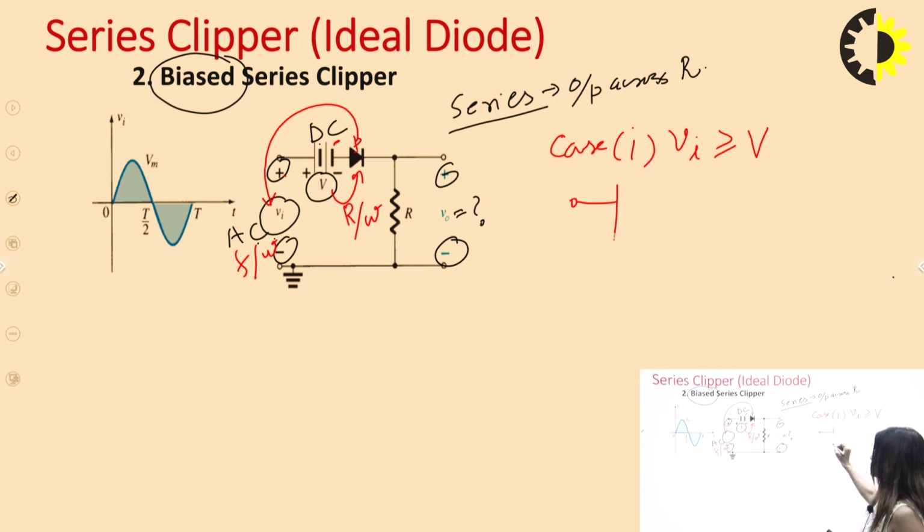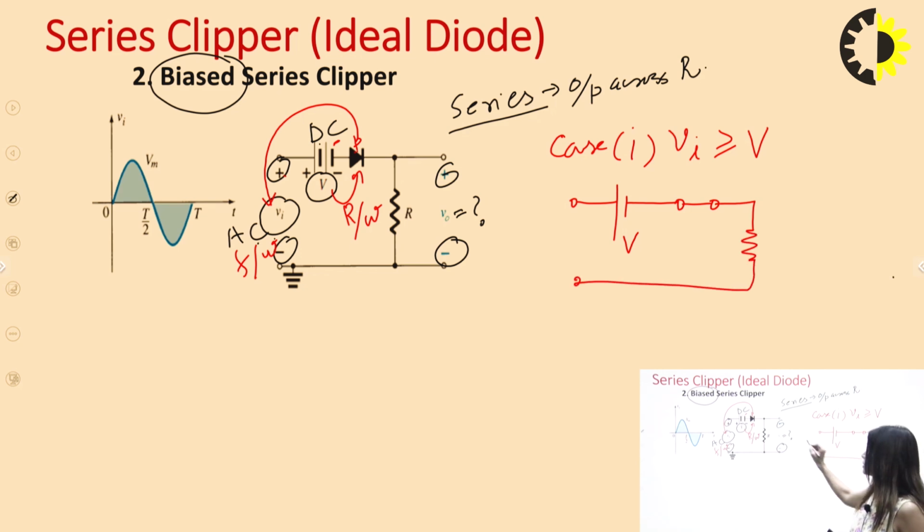We will make the circuit again, with V. The diode is an ideal diode; when forward biased, it is acting as short circuited. That means I am talking about the input waveform, this part.